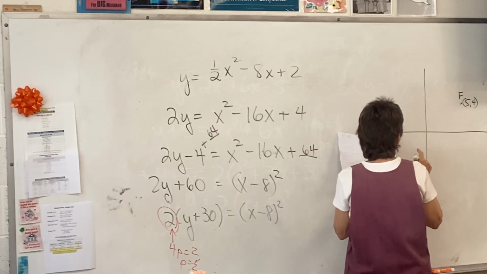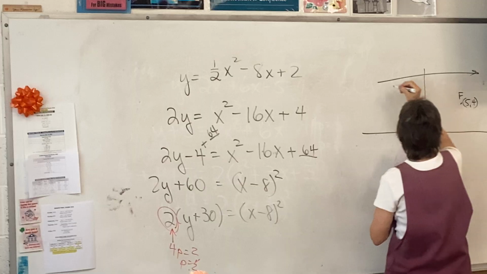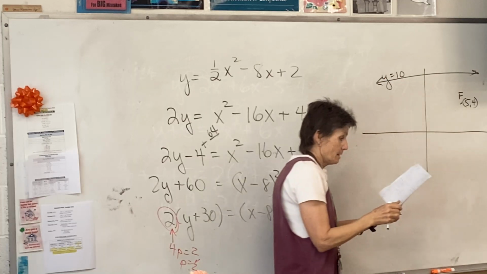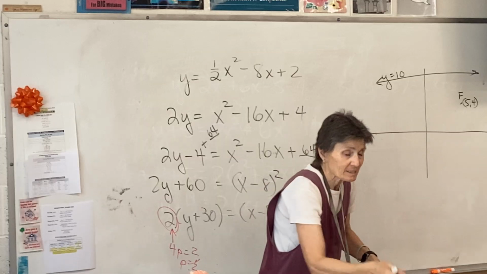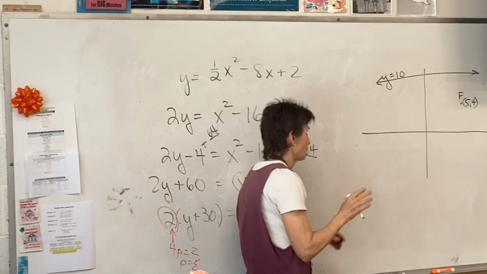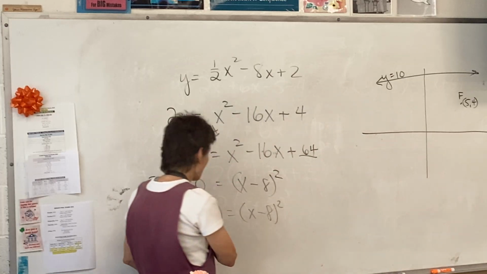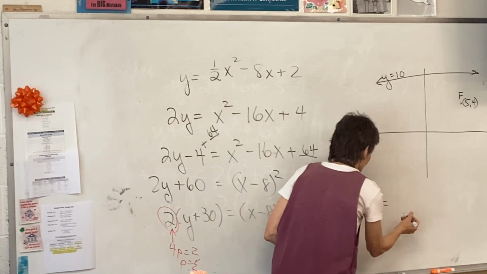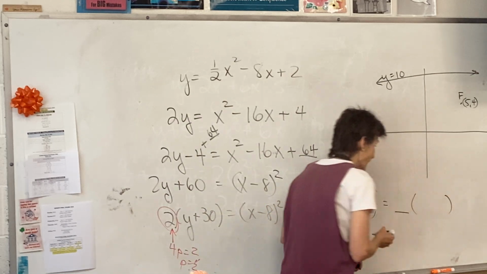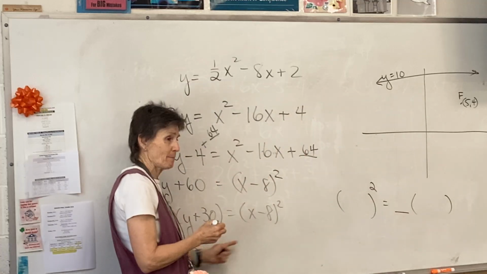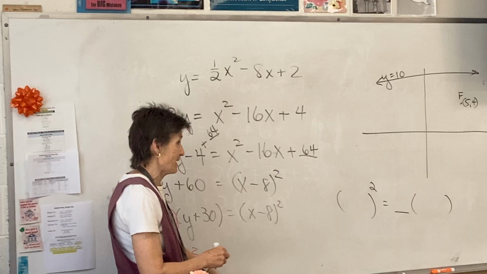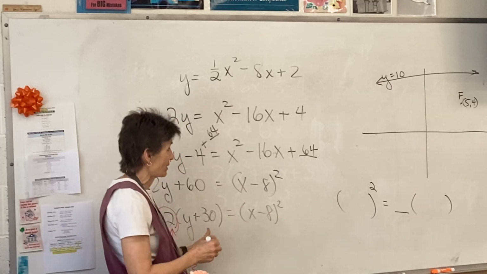And the directrix is y equals 10. Now, first of all, I'm shooting for an equation that looks like this. So I'm gonna have something squared, a number, and something not squared. That is how my parabola equations look. Well, they can look lots of ways, but that's how we've been using them.